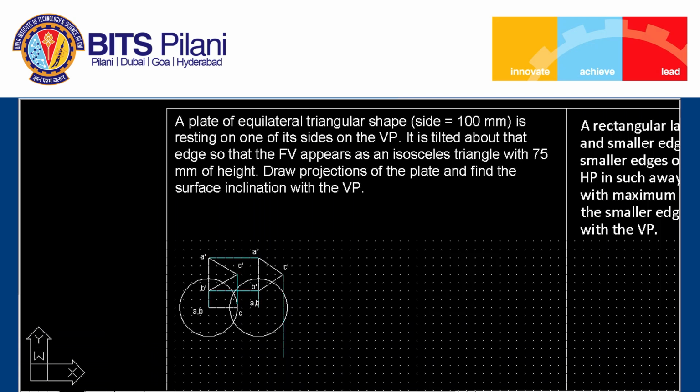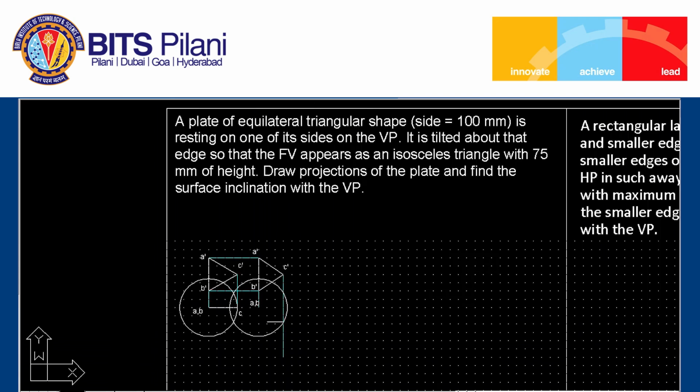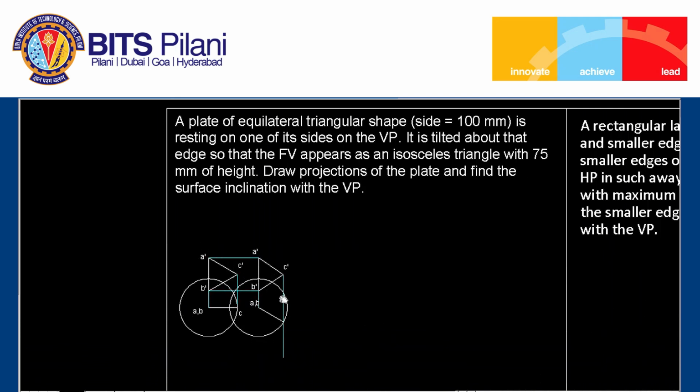So it cuts at this particular point, so I can join this point. One can say it cuts at this point also, but we will not take this point because we have considered the plate to be in the first quadrant. So for front view and top view, the top view should be below the XY line. Okay.